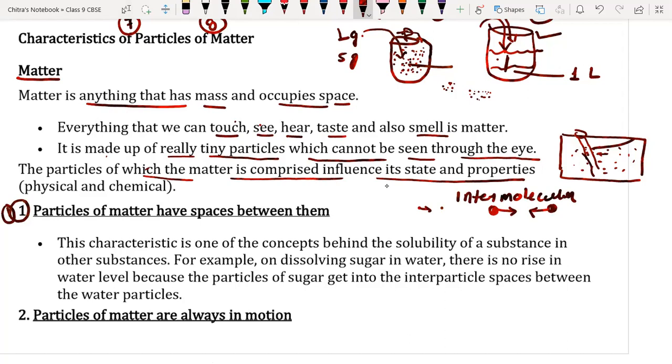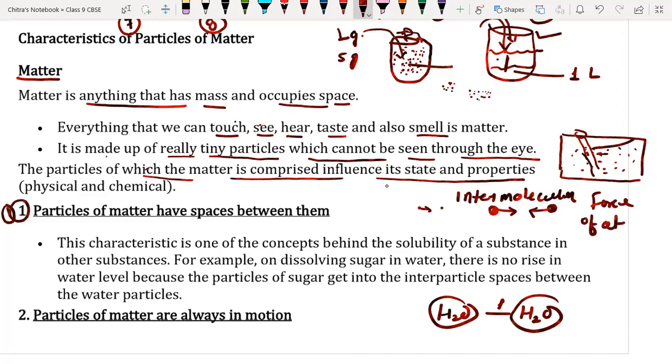Suppose we are discussing water molecules. In water, one water molecule is bonded with another water molecule, right? Between these two different water molecules, we have an intermolecular force of attraction.